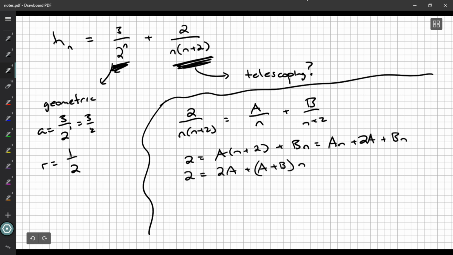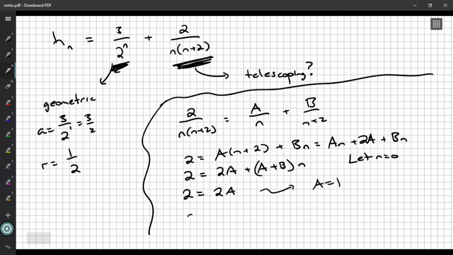And now if I let n equal 0, or just treat these as polynomials in n and compare coefficients, then if we let n be 0, we get 2 is equal to 2a, because when n is 0 that part goes away. So I see a is going to be 1.